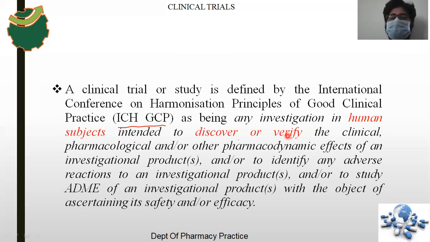We use human subjects to discover or verify the clinical pharmacology or other pharmacodynamic or pharmacokinetic effects of an investigational product. It means we are going to use investigational drugs in this.